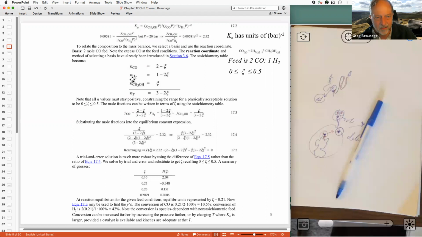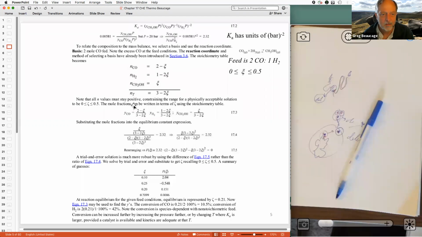If this is a half, then hydrogen goes to 0. You've consumed all the hydrogen. So the maximum it could be is a half. And the smallest it can be, since you're making methanol, is 0, because you can't have a depletion of methanol. So you have no reaction, or you can have a reaction coordinate of 0.5, and you can't have anything other than that.